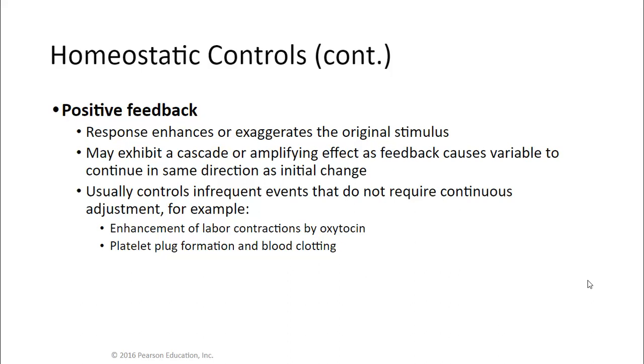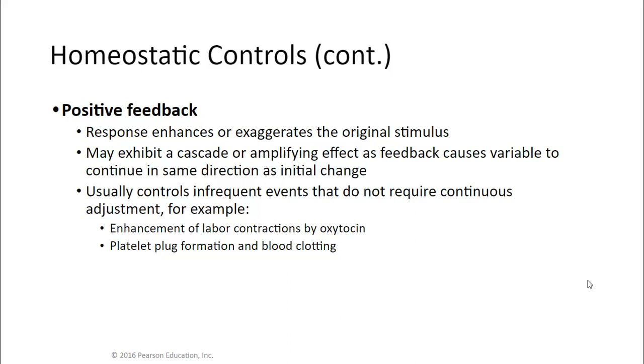So in this case, you get a break or tear in a blood vessel wall, so the positive feedback cycle is initiated. Platelets are going to adhere to the site. Normally intact, smooth blood vessels don't attract platelets.